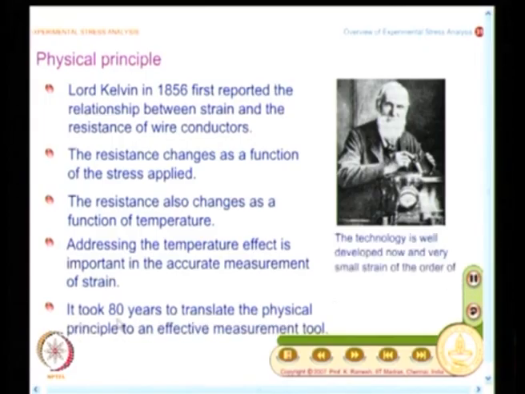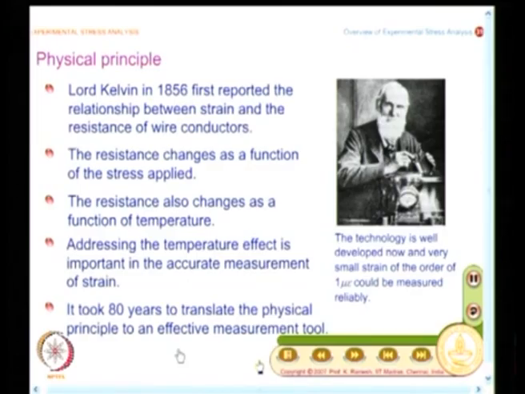Addressing the temperature effect is important in the accurate measurement of strain. And from the physical principle as a technology, it took almost 80 years to translate the physical principle to an effective measurement tool.